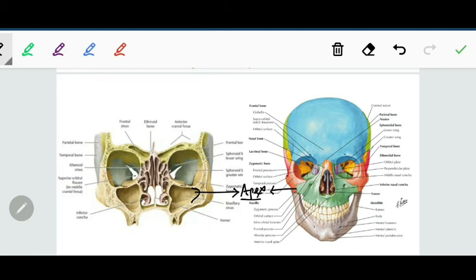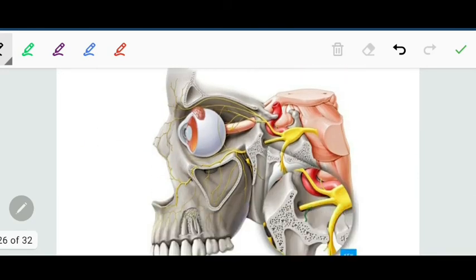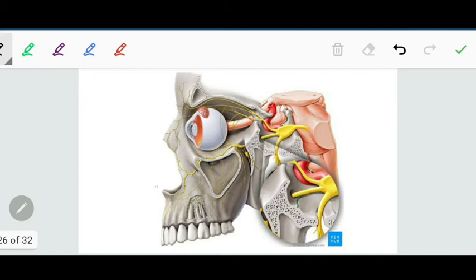Then regarding the anterior wall, it is formed by the anterior surface of the body of maxilla. In order to appreciate the anterior wall, we have to look at this slide from the side. This wall is the anterior wall.